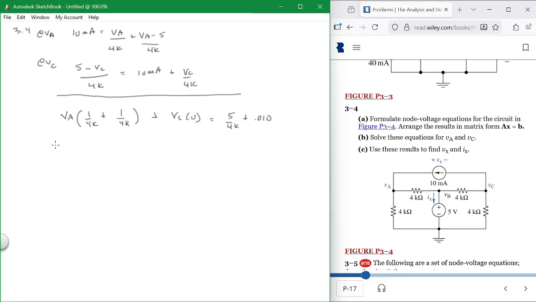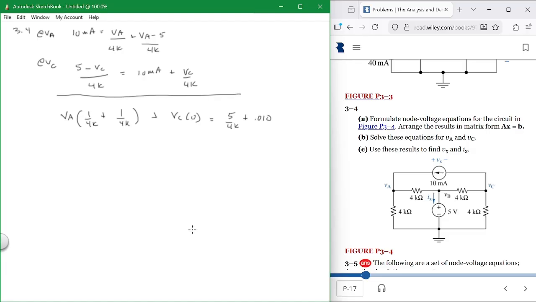This one is only VC, so basically I can find VA and VC because the other one is 0 in both cases. It solves itself because VA is the only thing in this equation, VC is 0. In the second equation, VC is the only thing, and VA is gone.